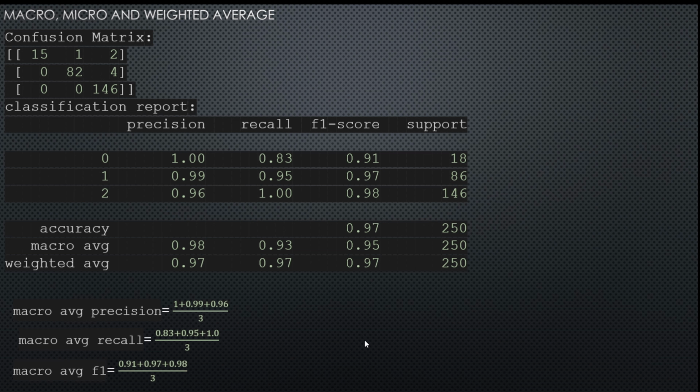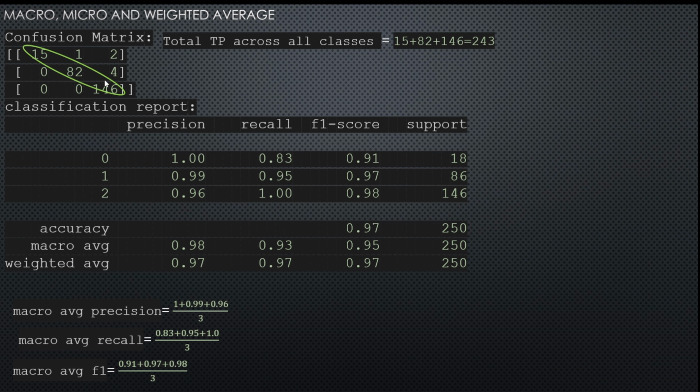What is a more accurate representation is the micro average, where we know these diagonal values represent your true positives. For example, if this is 15, this is the true positive for class 0.